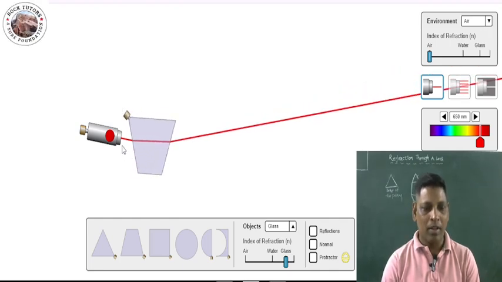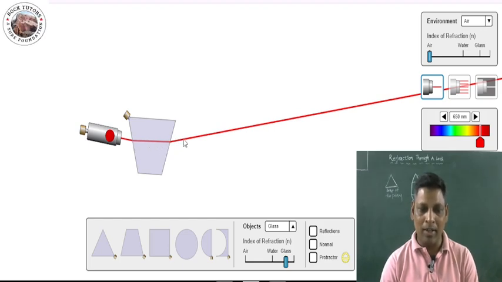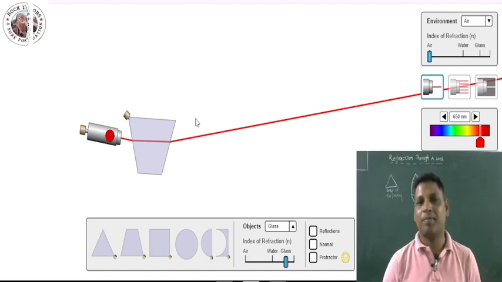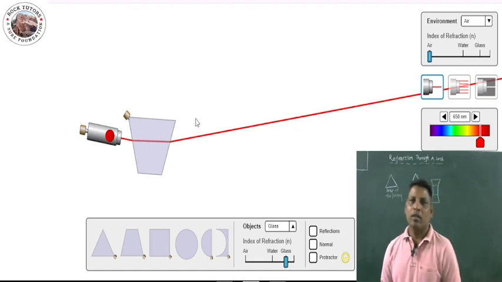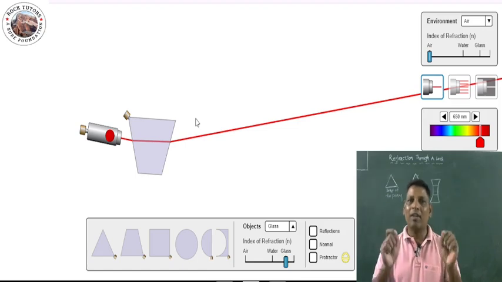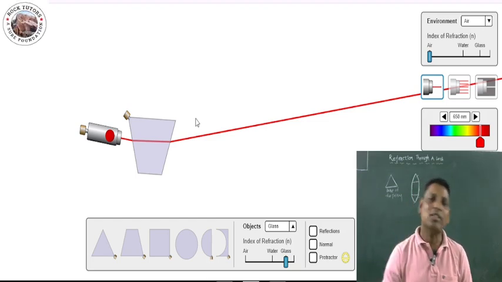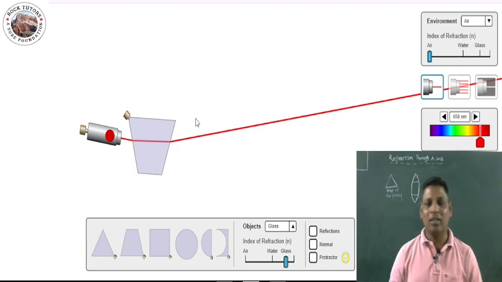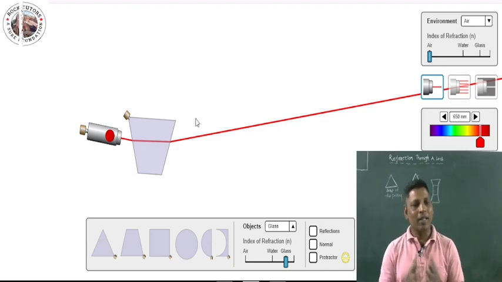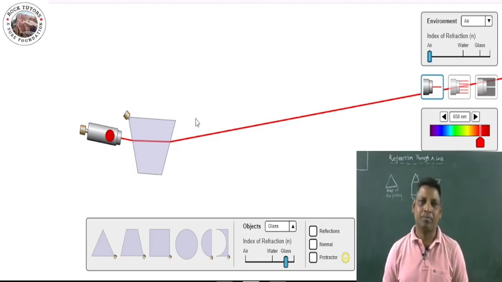Here also this ray is incident, refracted and comes out, and this emergent ray is bent towards the base. So whenever light passes through the prism, after refraction it bends towards the base. That is what we observe in this activity.